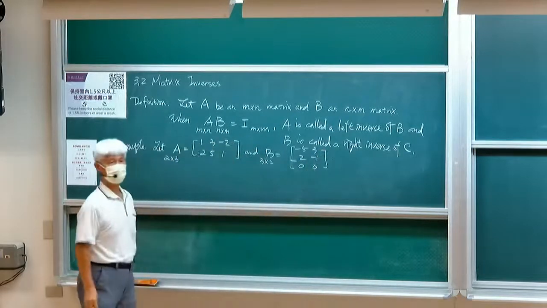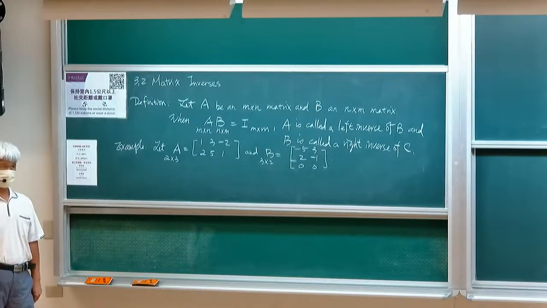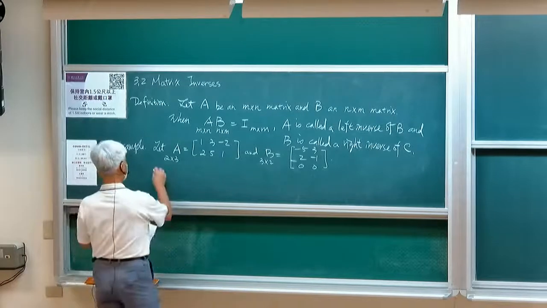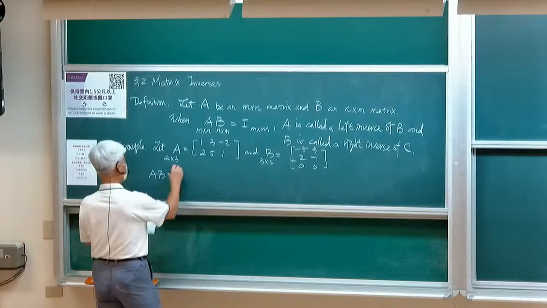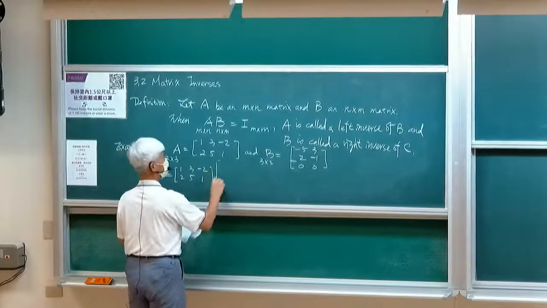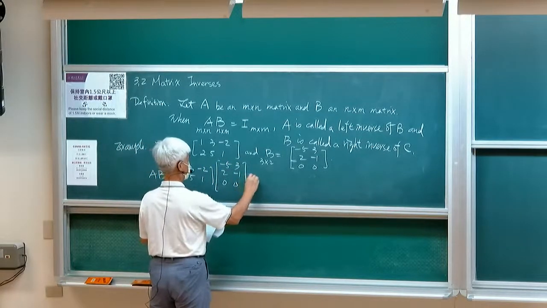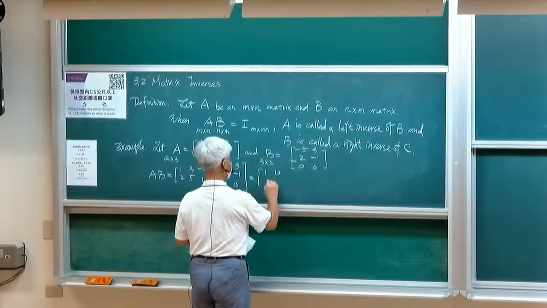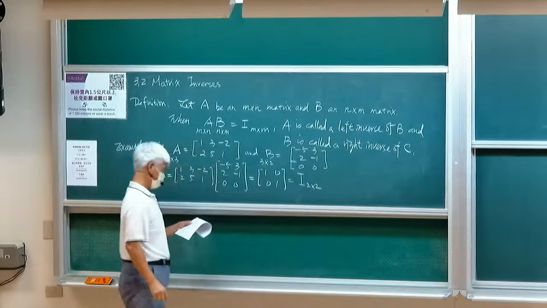So A and B are not square matrices. They are rectangular matrices. Now we multiply these two matrices together. When we multiply together, we find that it becomes a 2 by 2 identity matrix.